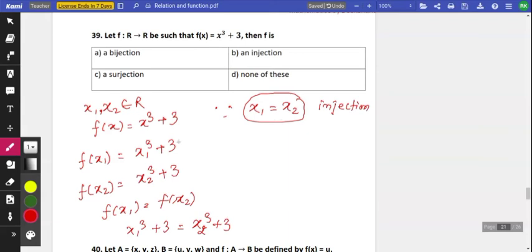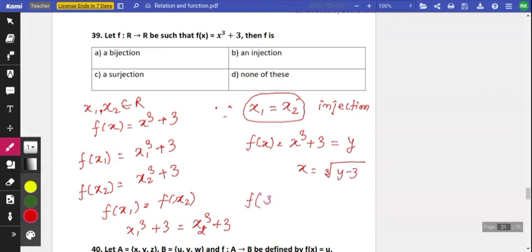For the given function to be a surjection, meaning onto, f(x) is equal to x³ + 3. Let us suppose it is y, then x is equal to the cube root of (y − 3).